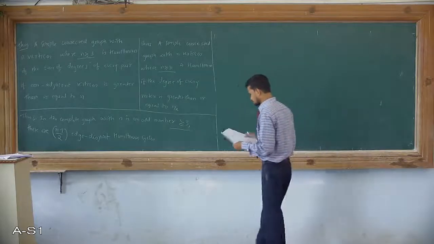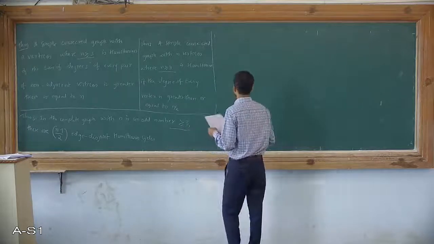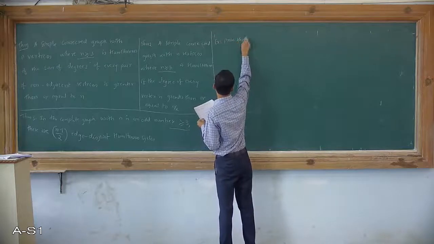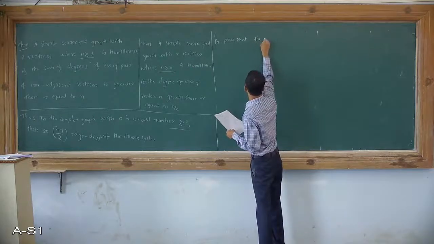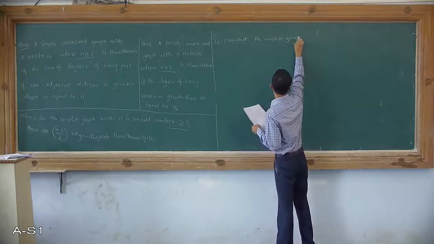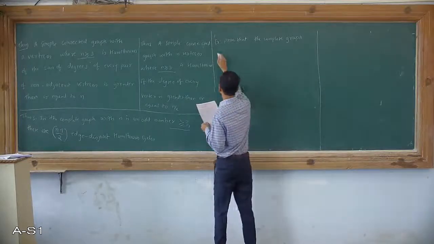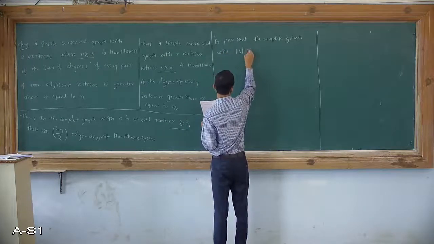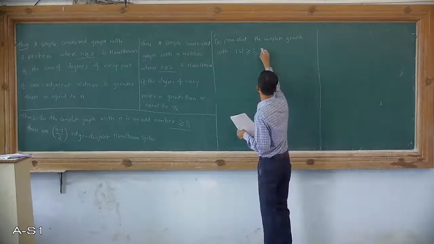Example one. Prove that the complete graph with cardinality of V greater than or equal to 3 is a Hamiltonian graph.